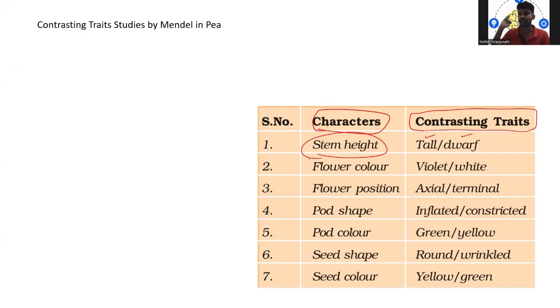Same like flower color, whether it was violet or white. Then flower position, whether it is axial or terminal. Pod shape, pod color, seed color, in that way 14 characters were taken. He chose 14 true breeding pea plant varieties for his experiment.